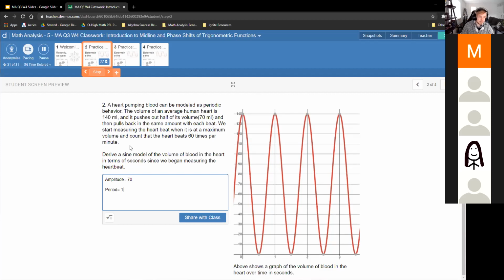Another way you could have found the period, guys, is if you notice, it says that the heart beats 60 times per minute. There's 60 seconds in a minute, right? So if it's happening 60 times per minute, then it's happening once per second. If I know how many times something happens per minute or per second, that's a measurement called frequency.